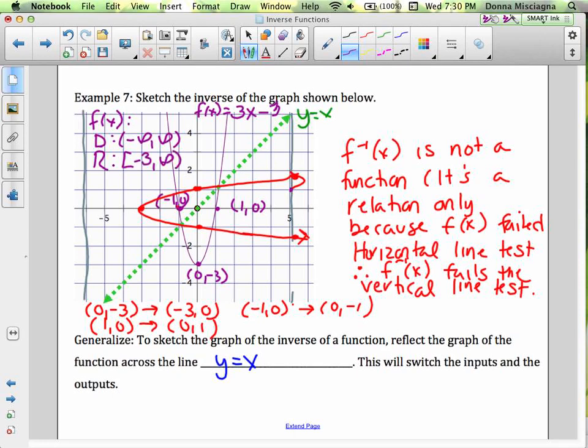How about f inverse? We won't worry about that equation. How about its domain and range? So now the domain doesn't keep on going, right? It turned around. Stops right there. So that's negative 3.